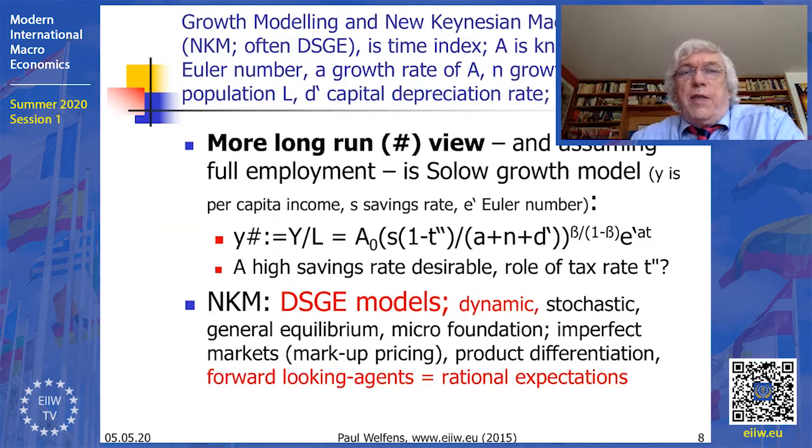So yeah, the growth modeling and new Keynesian macroeconomics, the abbreviation is NKM, and actually often you will hear DSGE, dynamic stochastic general equilibrium models.